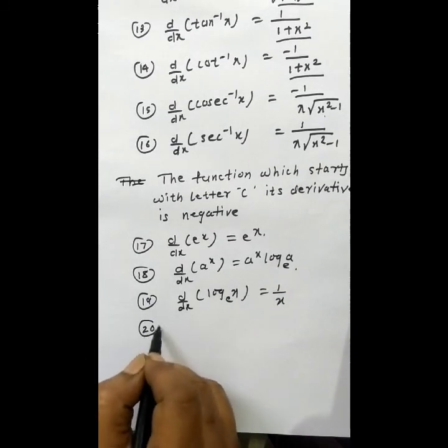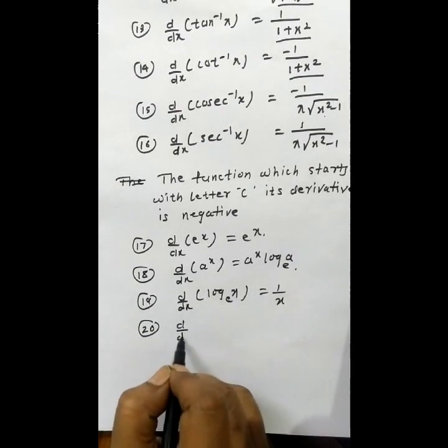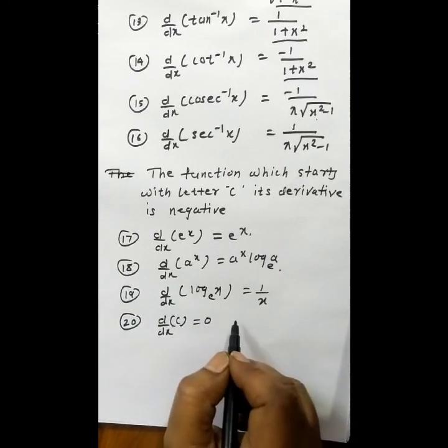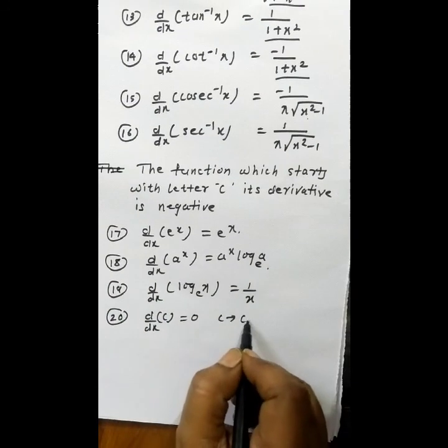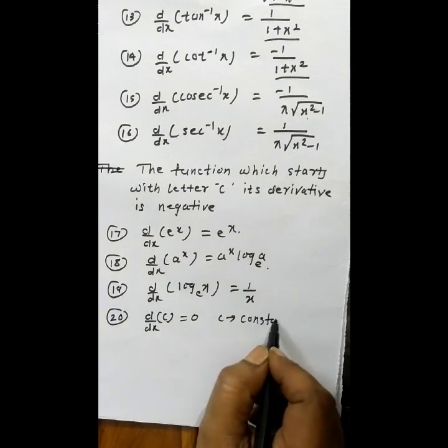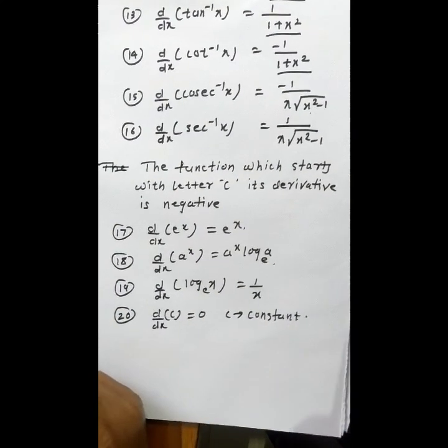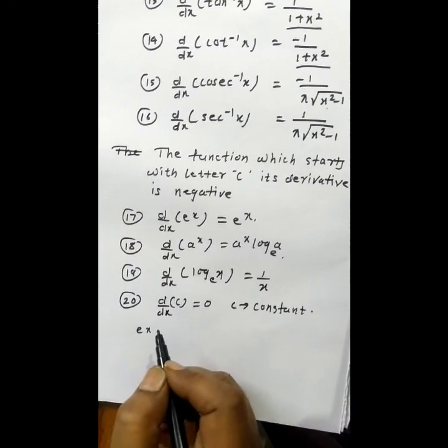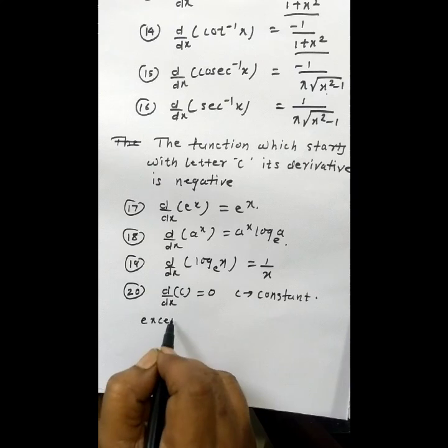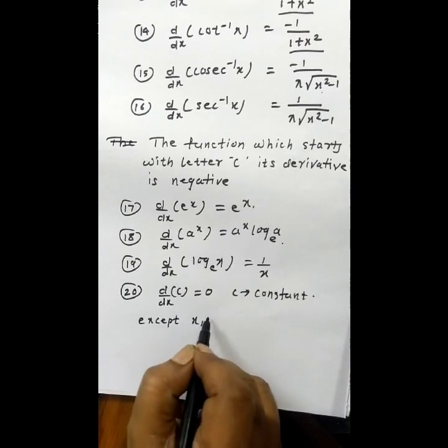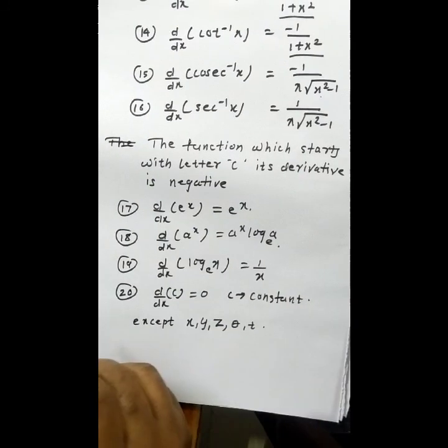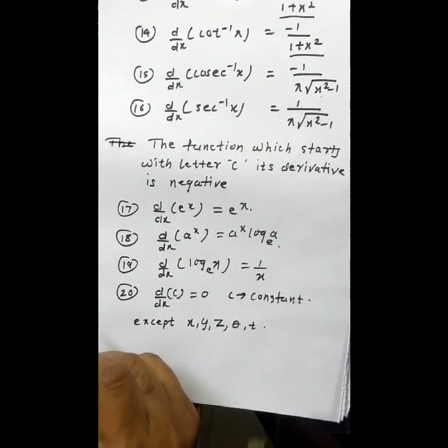The last standard form, d by dx of c. What is c here? C is a constant, and the derivative of a constant is always 0. In general, how do we identify constants? Except x, y, z, theta and t, anything which comes in differentiation you can consider as a constant.